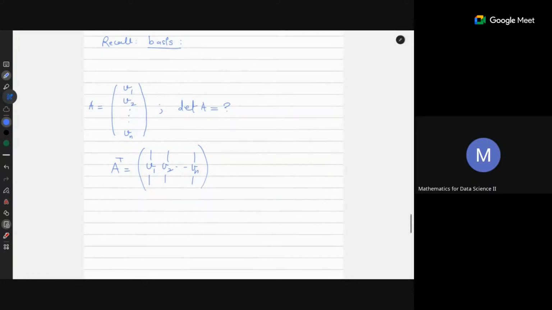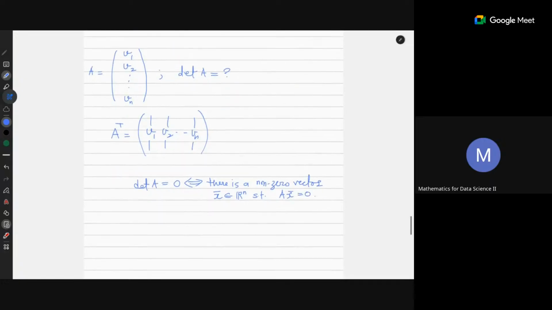So the determinant being 0 is also equivalent to having a system of equations like this with a non-zero solution. It is equivalent to saying there is a non-zero vector x in Rn such that Ax is equal to 0.